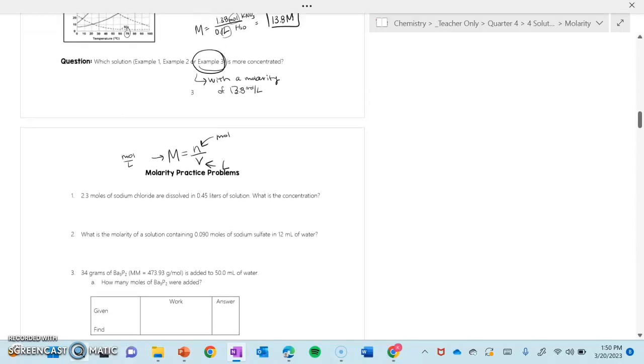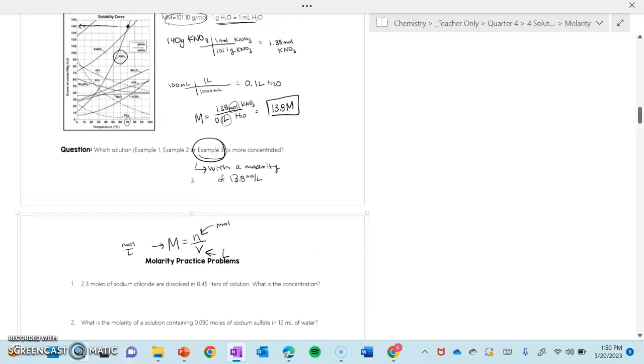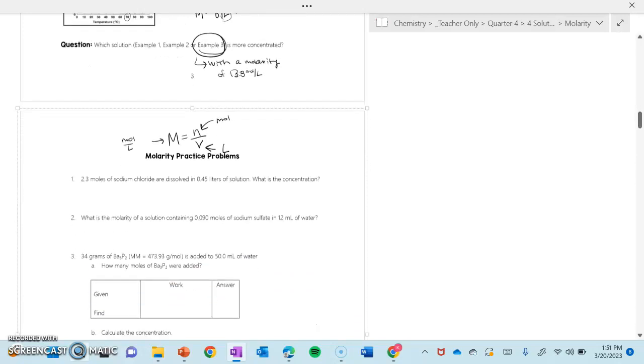And just like we've been saying over and over, capital M can be used for the unit. I know it's kind of different because we don't ever put N as our unit for moles or V as our unit for volume, but for molarity, you can use them interchangeably as the unit as well as the variable.